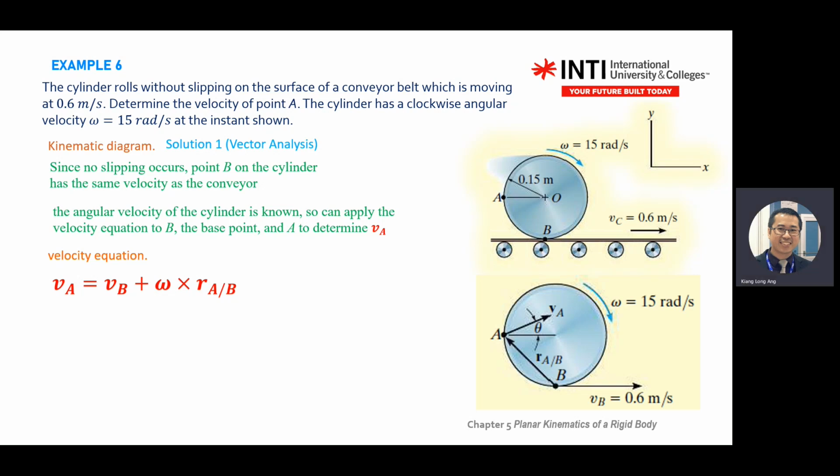So what is your R A/B in the x direction? 0.15. Okay, correct. Sine or cos?